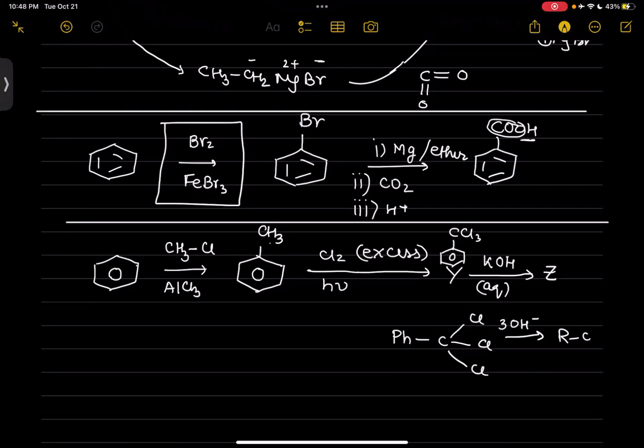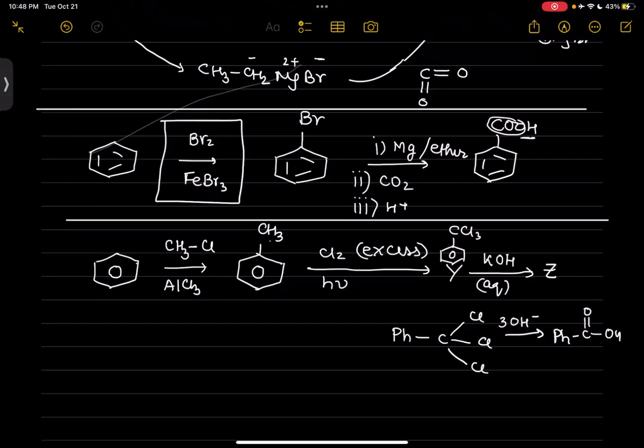Out of the 3 OH, water is removed from 2, and you are going to get benzoic acid. Is it clear? So trichloro derivatives are going to undergo hydrolysis and give us benzoic acid. Okay.